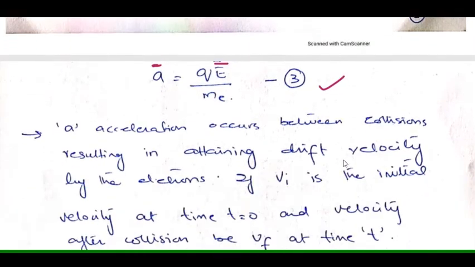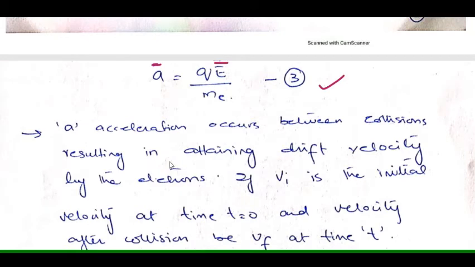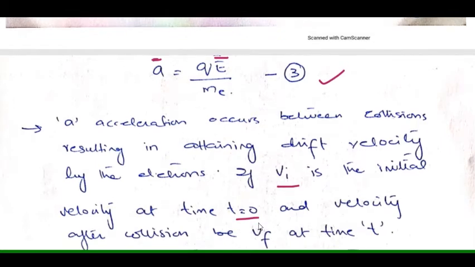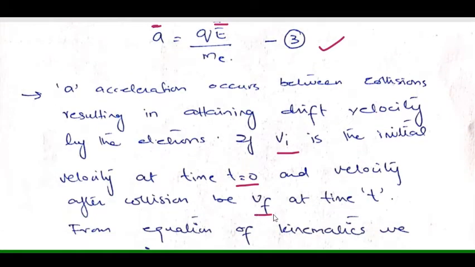A is the acceleration which occurs between the collisions, resulting in the electrons attaining drift velocity. Let us suppose that Vi is the initial velocity at some time t equals 0, and the velocity after collision is Vf at some time t.